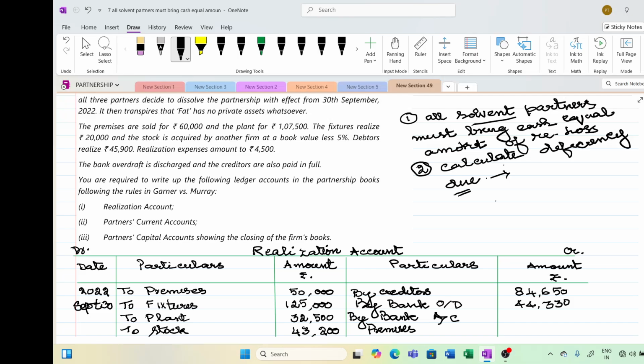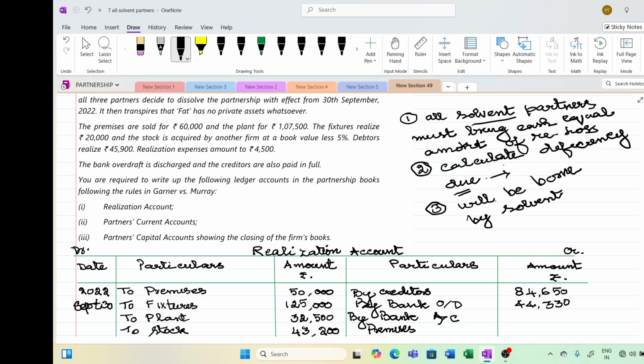This due amount, here it is very, very important, because it is a capital loss, will be borne by solvent partners having credit balance in their capital. In the first point, I said all the solvent partners, though they are having debit balance, will bring their loss in cash.